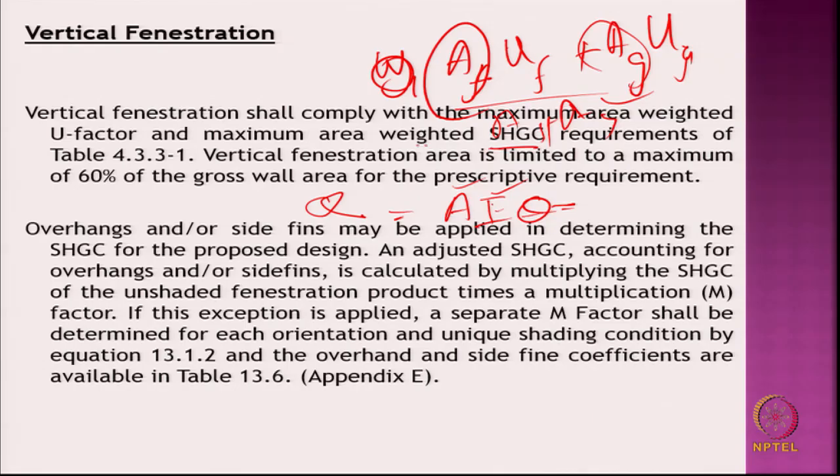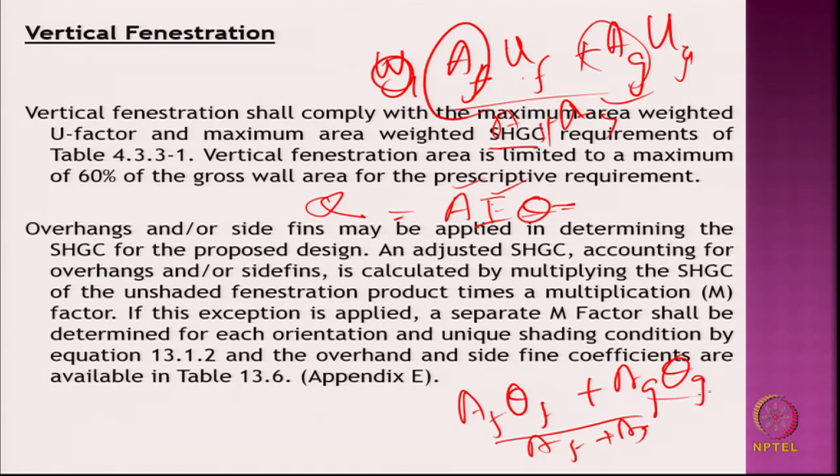So, the maximum area weighted SHGC requirements are also given. In that case, the frame fraction will have no SHGC, this will be 0, because it will be A_F theta_F, let us say, plus A_G theta_G divided by A_F plus A_G. Now, this will be 0. So, only that fraction of the window you should be taking as area, which will bring in the solar radiation.